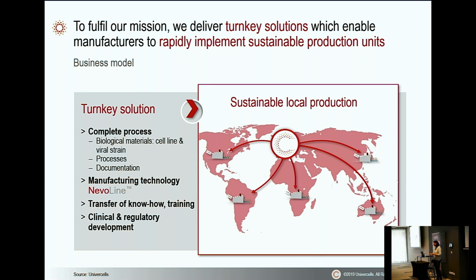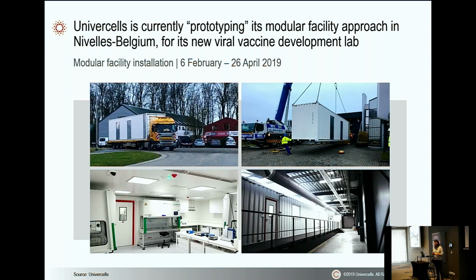If you want to buy a vaccine from a big company in Europe or somewhere in the US, the cost is really expensive, and sometimes the production time is very long. Universals proposed to put in place small production units in the world to help the countries who want this vaccine at a much lower price.